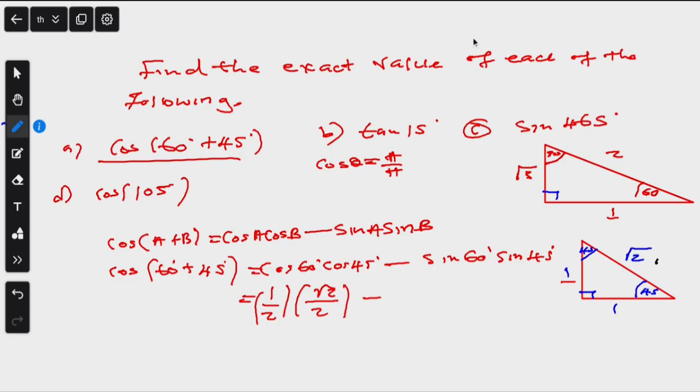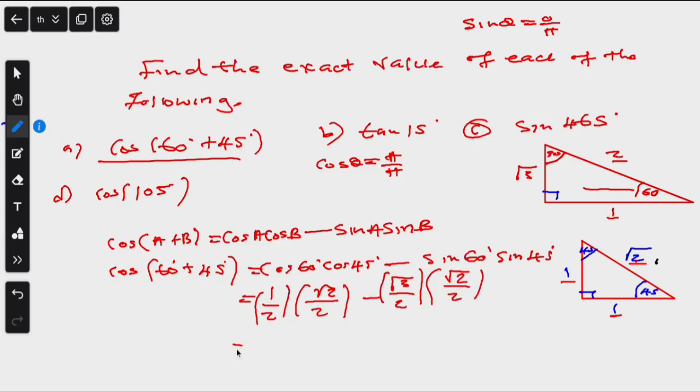We know that sine theta is equal to opposite over hypotenuse. So the opposite here is root of 3, then the hypotenuse is 2. So we have root of 3 divided by 2. Then what is sine 45? Sine 45, again opposite divided by hypotenuse. So this one is same as this one here. So when you rationalize, you're going to get root of 2 divided by 2.